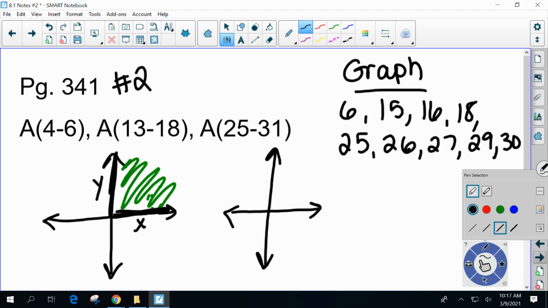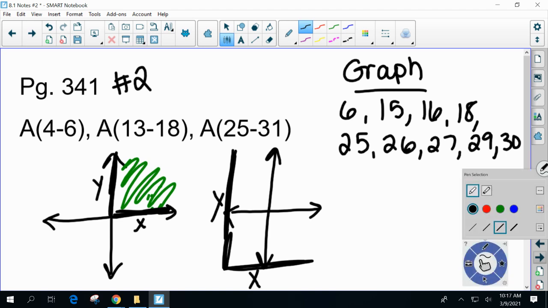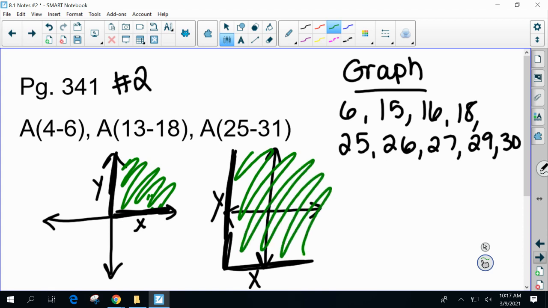Or your second option would be to ignore the origin right there, and just pretend that this is one big graph right here. And this is your y-axis and this is your x-axis. And then you would just graph using this entire space. I would personally recommend option 2 because you have more room to graph then. You just ignore the x and y axis in the middle and use this whole entire thing. Okay?